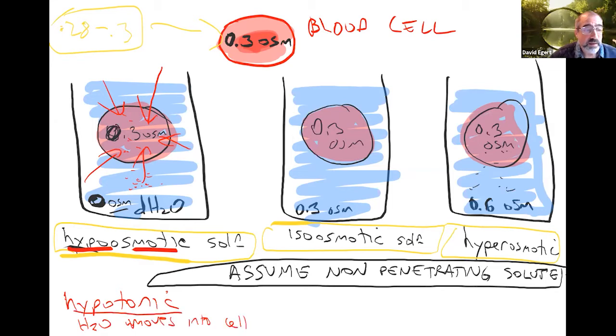Depending on how strongly hypotonic the solution is, the cell might just swell. If it's strongly hypotonic, it might be enough to pop. If the cell pops, we call that hemolysis.